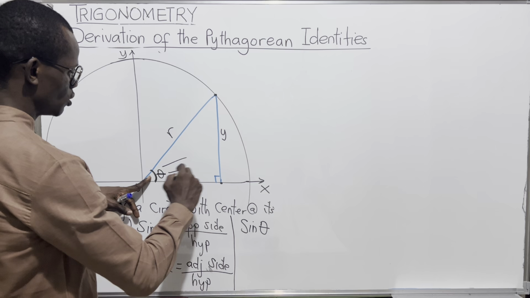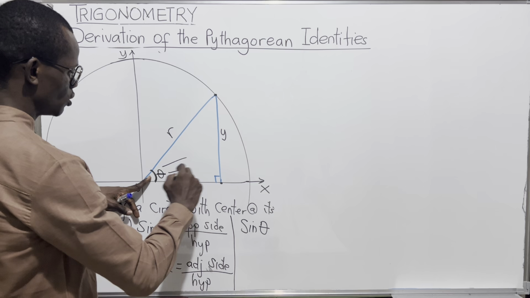Now, we know from our previous lesson that for the trigonometric functions sine and cosine, sine is defined as the opposite side over the hypotenuse, and cosine is defined as the adjacent side over the hypotenuse.